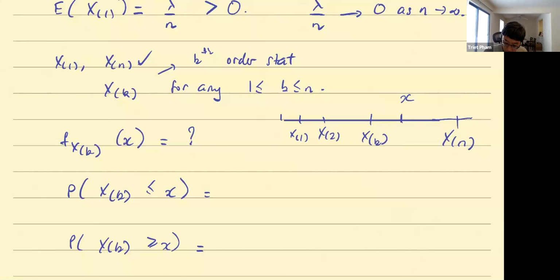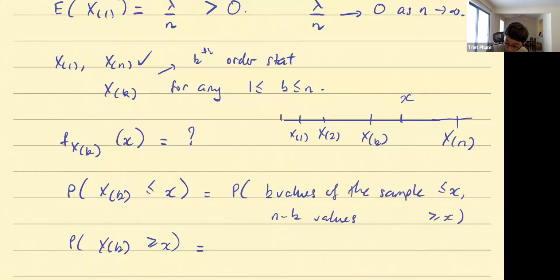So let me say this: is it true that this statement, which is this picture, is equivalent to something like this? k values of the sample are less than or equal to x, and n minus k values are bigger than or equal to x. Is that true?